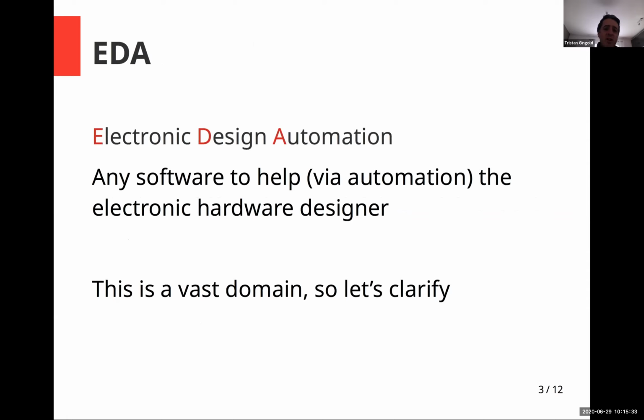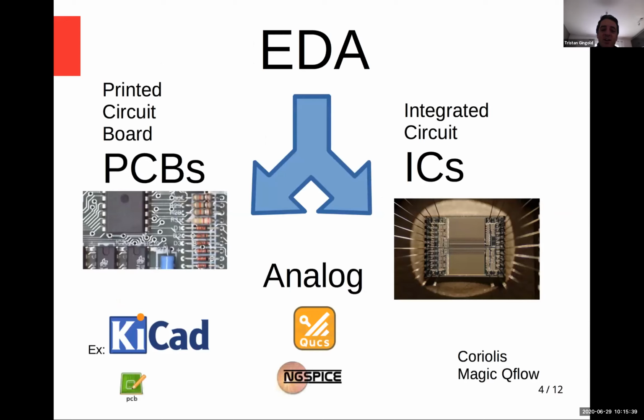EDA is a very large area, so let's try to clarify it a little bit. In electronics, EDA is used for drawing PCBs, which stand for printed circuit boards. It's a board that supports all the electronics. The main open source projects for PCBs are KiCad and PCB. Another use of EDA is for integrated circuits, so ASIC or FPGA.